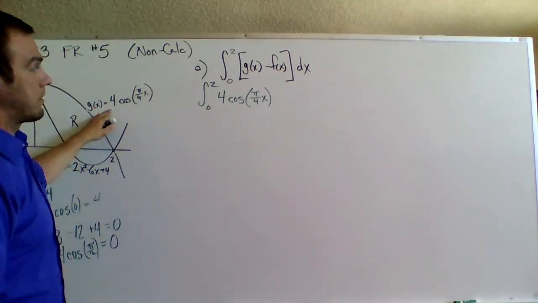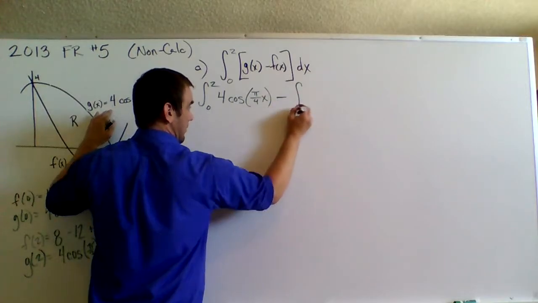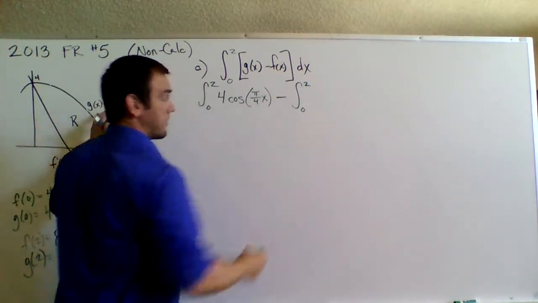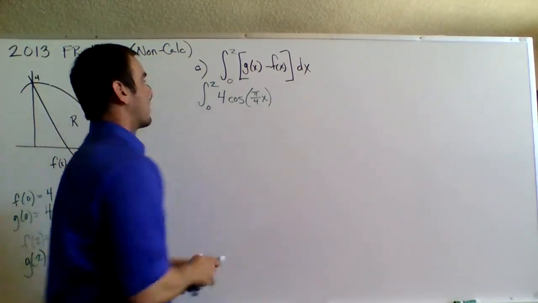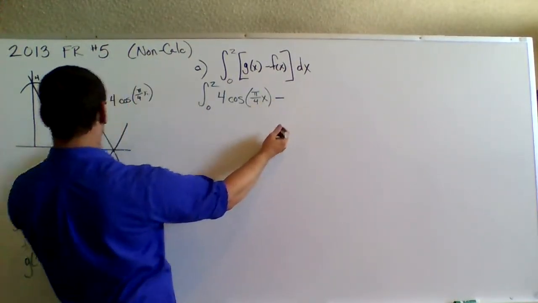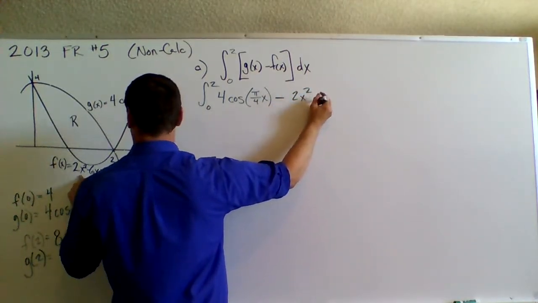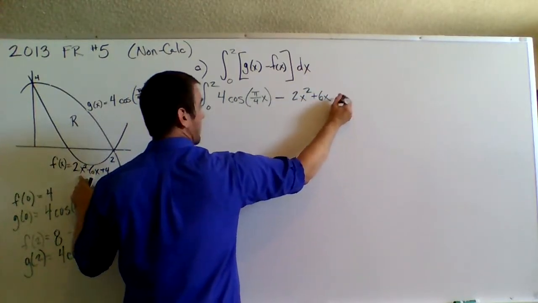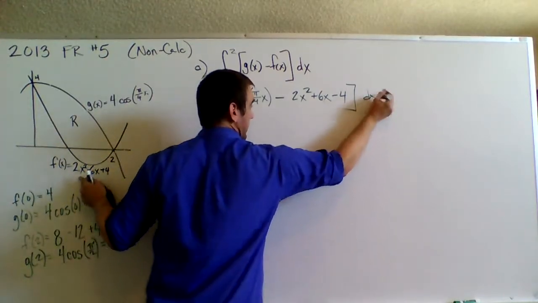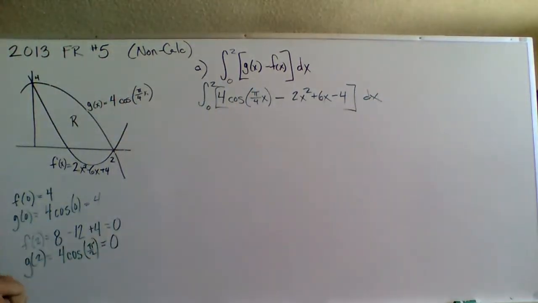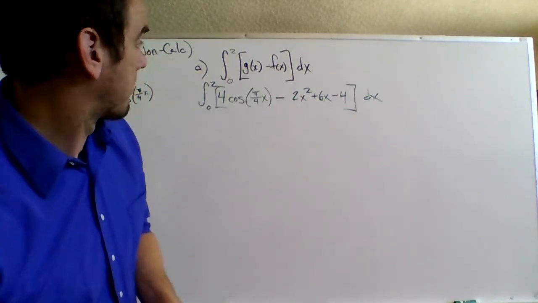Another way that you could do this is split this up, where we then minus the integral from 0 to 2. I'm going to do that in a minute. So this is going to be minus all of f of x, which is minus 2x squared plus 6x minus 4. Make sure I put my dx on all of this. I didn't put parentheses here because I already distributed the negative to all three of those.